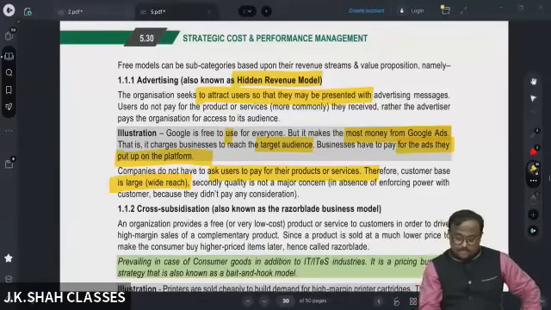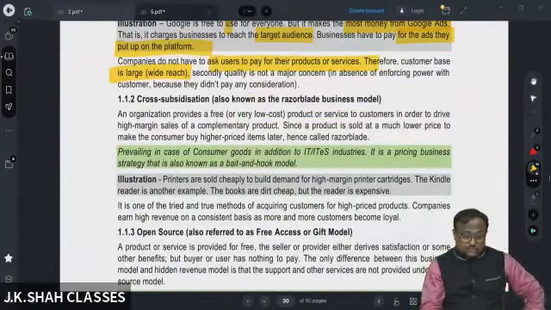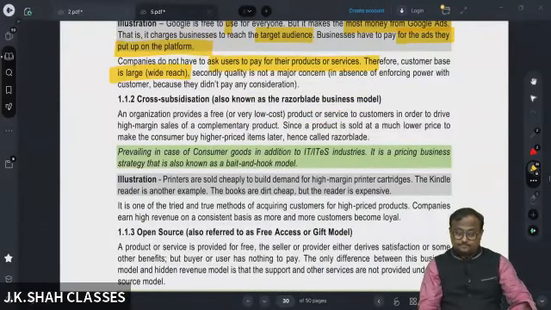Reason is this. Now, what is cross subsidization?